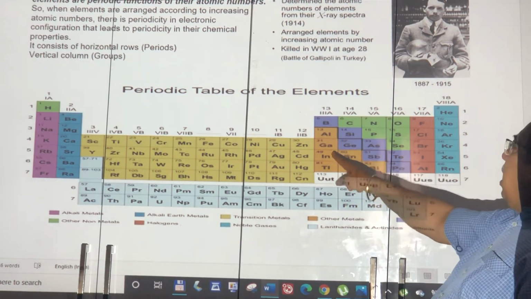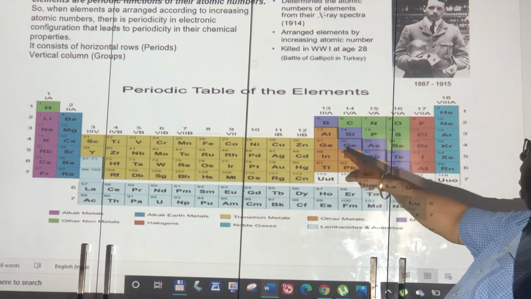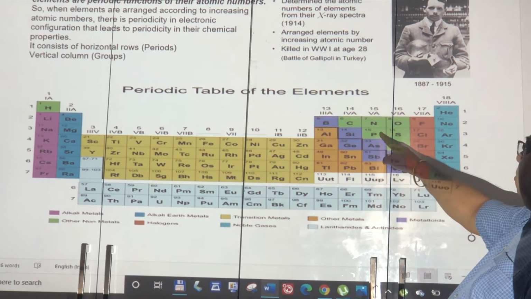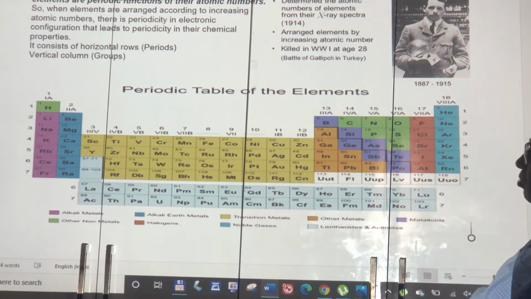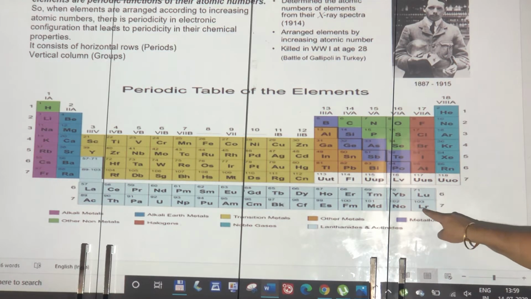Okay, here we have metalloid-like things. These are non-metals. Okay, as we know, all of these are halogens and these are inert gases. So this is how different colors show you the different arrangement of elements in the period. Lanthanides and actinides are placed at the bottom, not 2 in each box. Okay, we are putting them in a separate position.